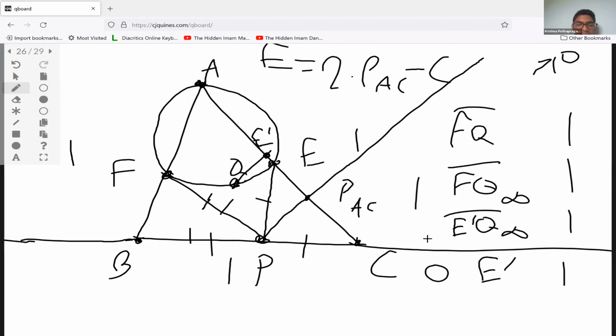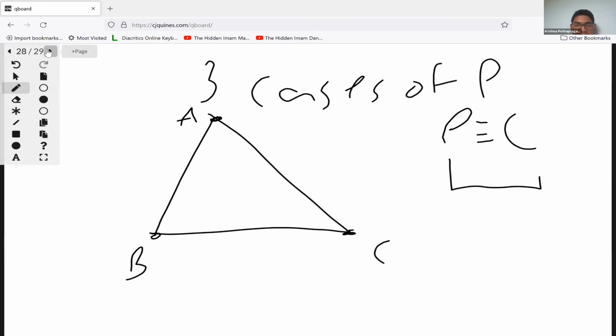So instead of saying, oh, if P equals C, then everything is degenerate at the end, we want to be a little more careful. The line between P and this point at infinity intersects line AC at C. And then the reflection of C over C is C. So instead of saying everything degenerates, we can just say that E equals C in this case.